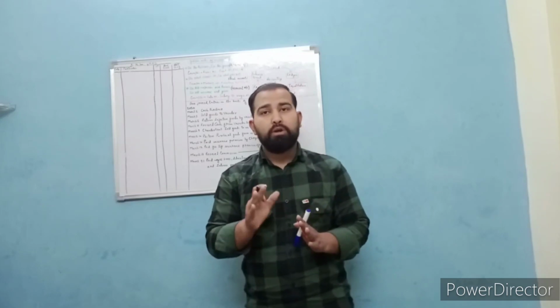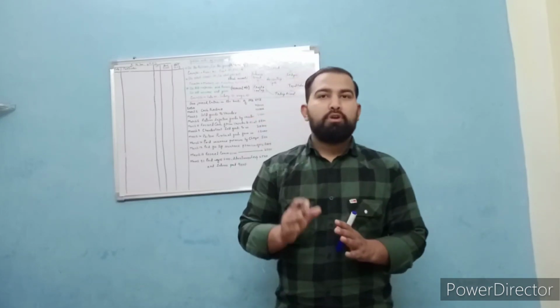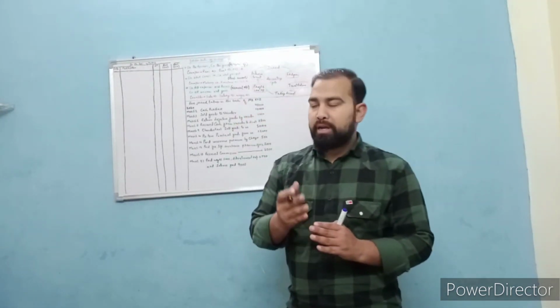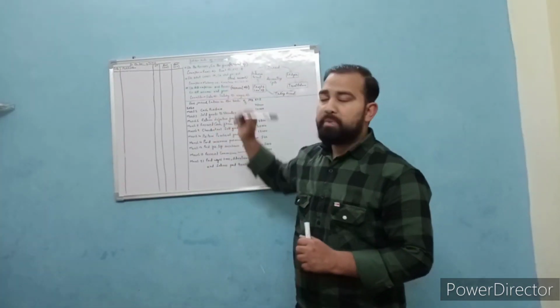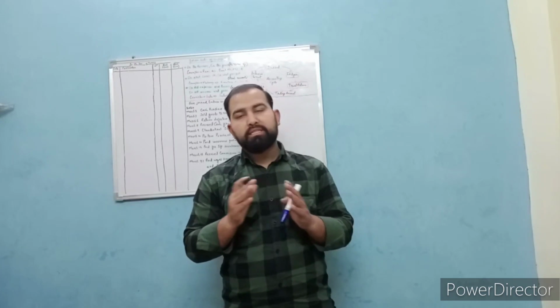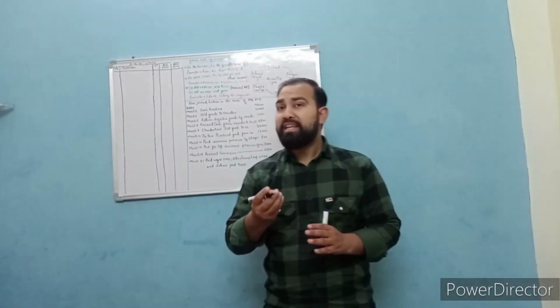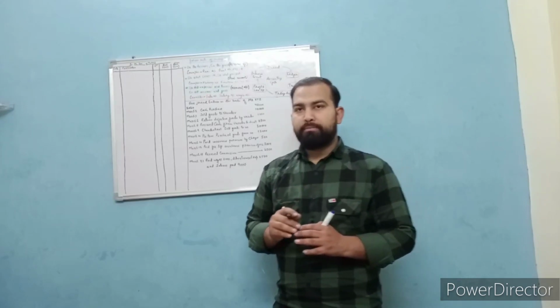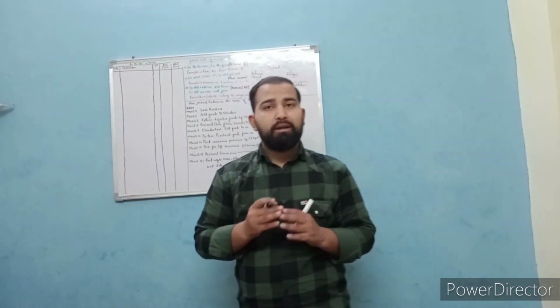All the names of the assets we write according to the rule of real account. Like if we purchase machinery, or any building or any land. These kinds of transactions, if they are related to any asset, will be written according to the rule of real account. Okay. So what is the third account?